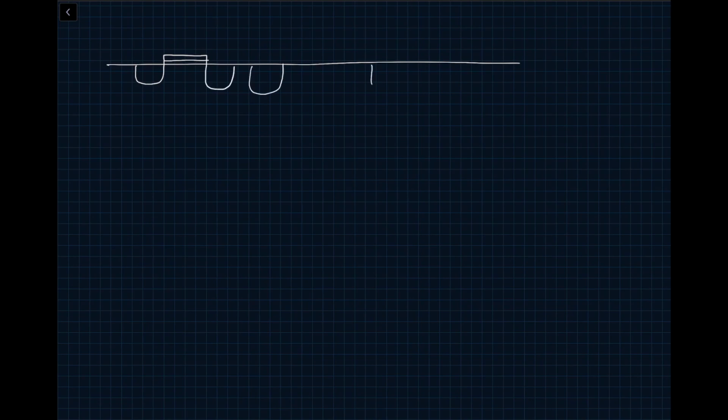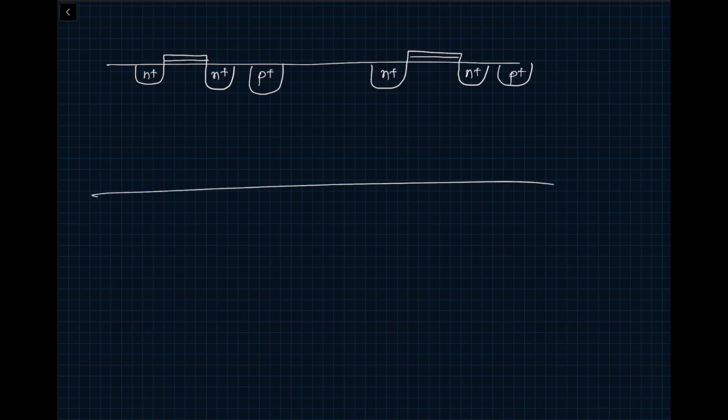So when we look at a standard digital CMOS process, if you remember, I had asked you to do the cross section, then let's say you may have one transistor which looks like this, and then there is a bulk here, and you may have another NMOS transistor that looks like this, and it has its own bulk. So this is N plus, N plus, P plus, N plus, N plus, P plus, and this is our P minus substrate, and this becomes our bulk connection, and this is our bulk connection.